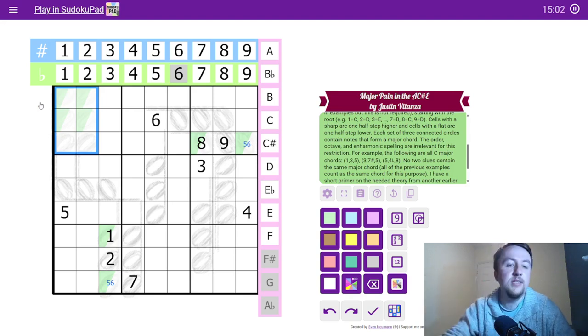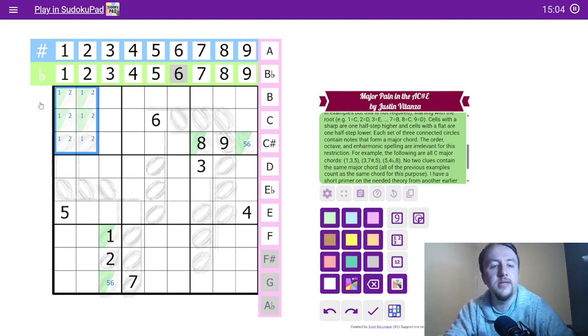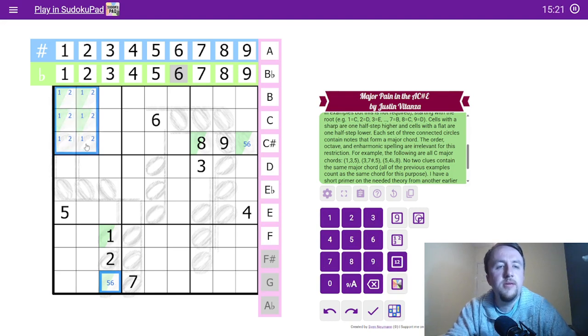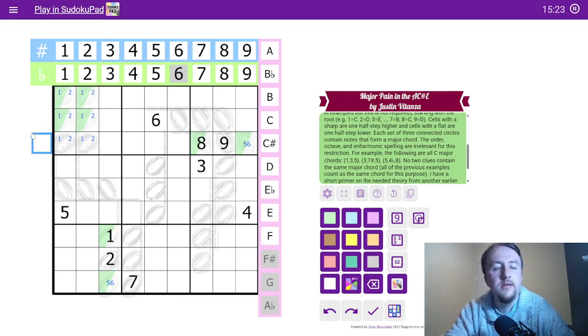It must be something to do with the fact that we've got 1 and 2 in here, and we've got a flat in here. And we have 5 or 6 in here as well. All being piled over here. So what are the options? So a 2 can represent any of those notes.